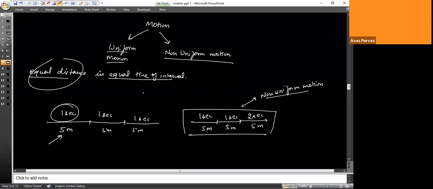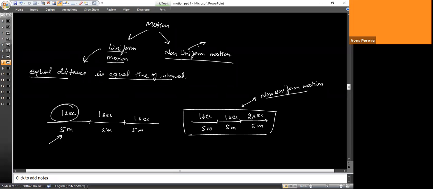Equal distance in equal time of interval is the definition for uniform motion, and unequal distance in equal time of interval is the simple definition for non-uniform motion. Let's take the examples.